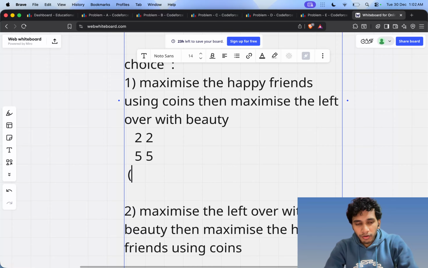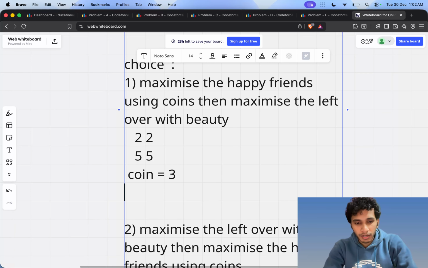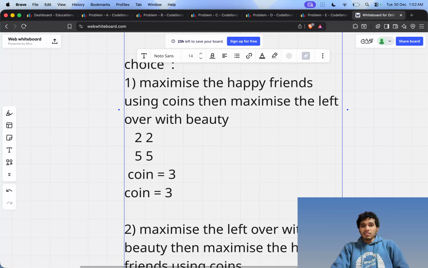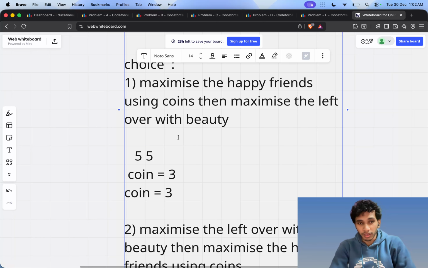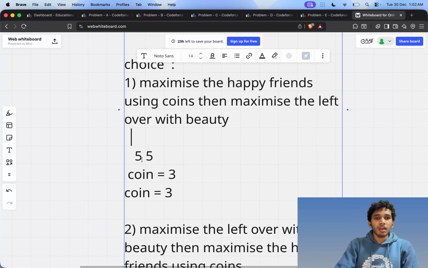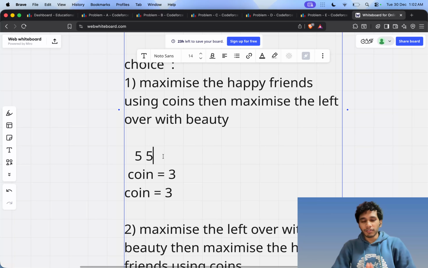Currently, we have 3 coins and 3 beauty, only one gift with beauty 3 and coin 3. So for maximizing the happy friends using coins, what will we try? This friend requires 3 coins, so just make him happy using 3 coins. He is with us, but he is happy now. Now we are left with one more friend.